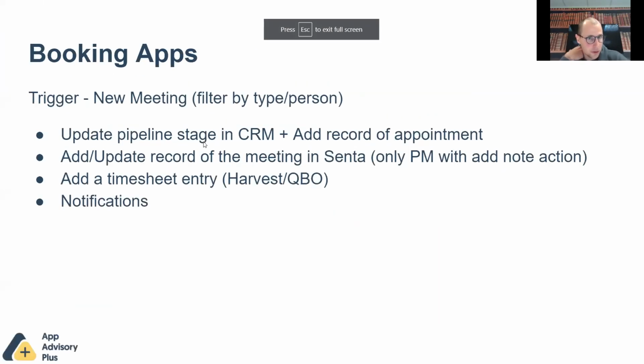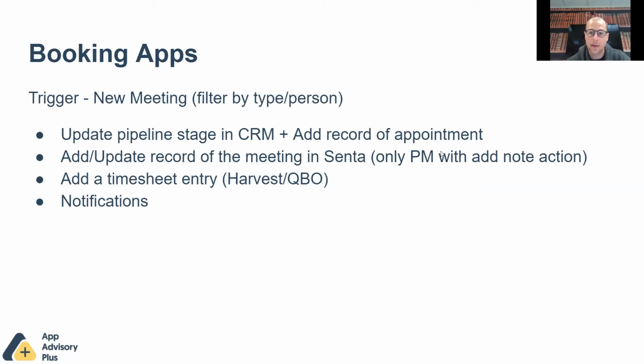Booking apps, I've gone through this a little bit already, but effectively here are some examples of what you can do with those. Update pipeline stage once a meeting's booked, add a record of appointment. You could add a record of any meeting that you have with a client in Center.